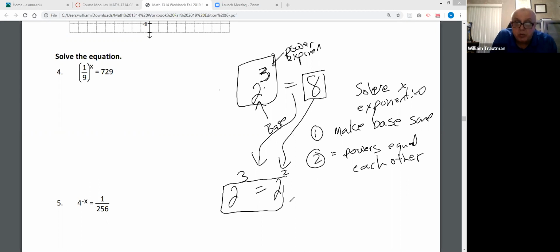And if we can get the bases the same, then the powers equal each other. That's the whole process here. If the bases are the same, then the powers equal each other, okay?